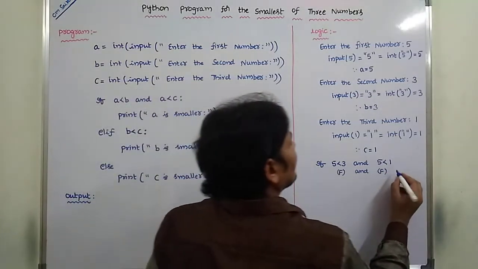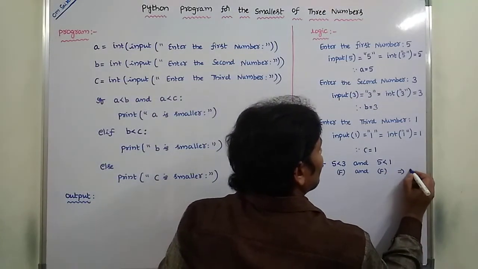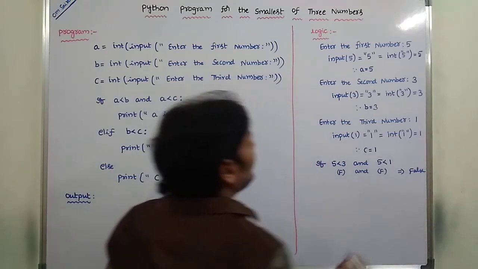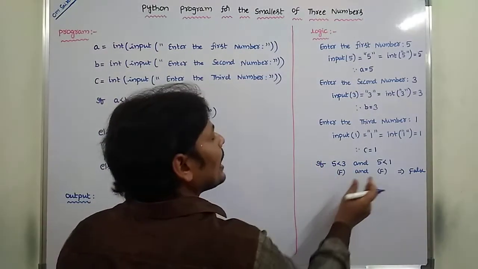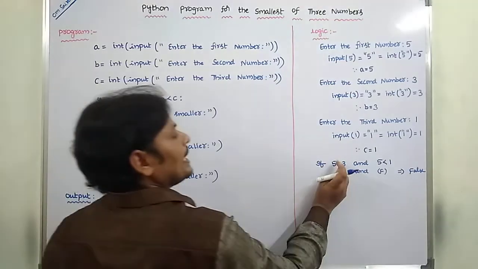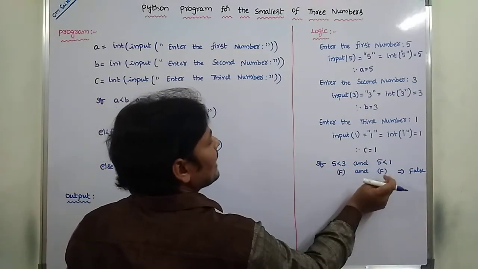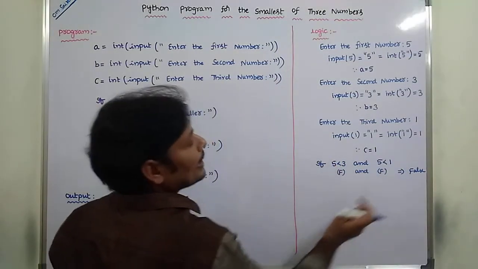Both are false, so the total is false. Here this expression is false and this expression is false, and false and false is equal to false.